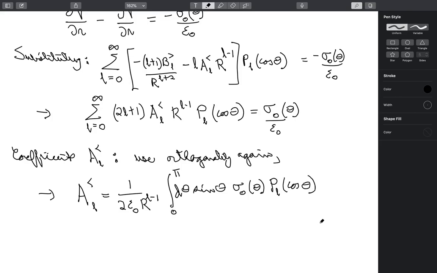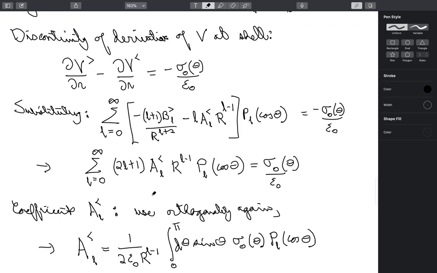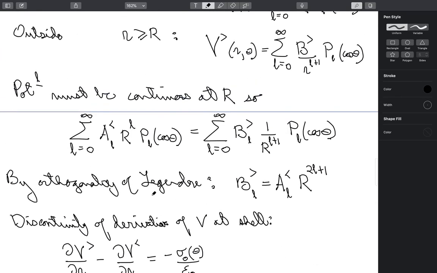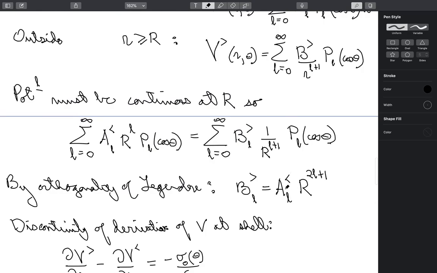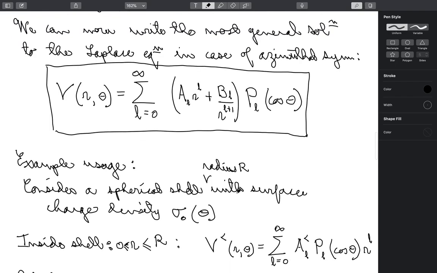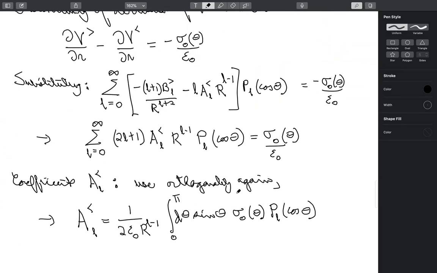Okay, so provided you've given me the surface charge distribution, I am now in a position to compute these coefficients for all values of L. Knowing those coefficients, I know the potential inside. Knowing the potential inside, I can use this relation to get the potential outside. So the solution to Laplace has been found throughout space.